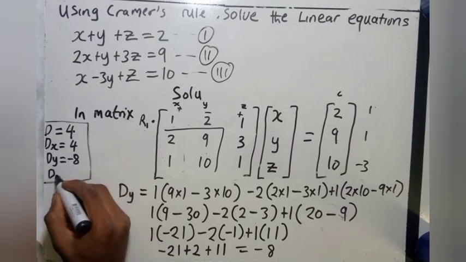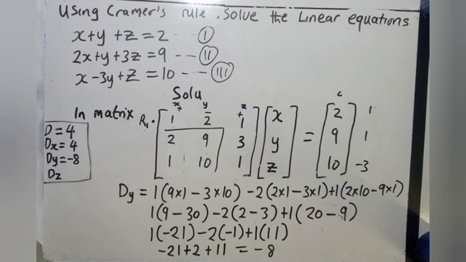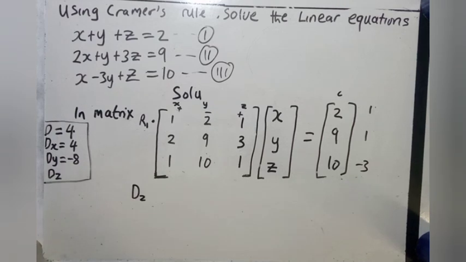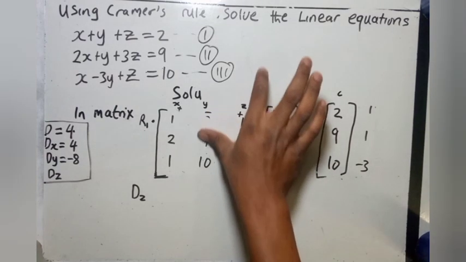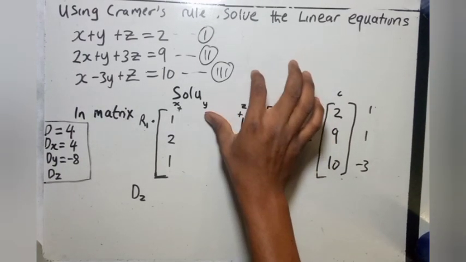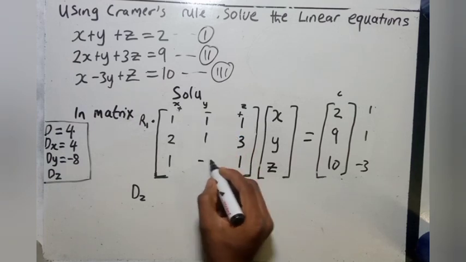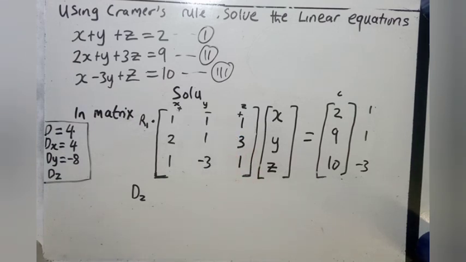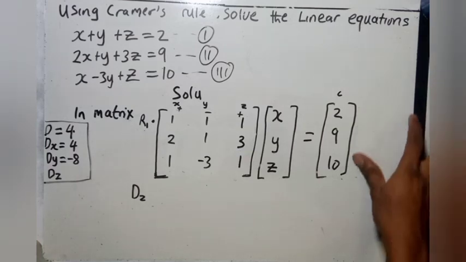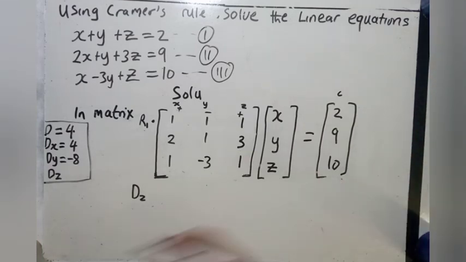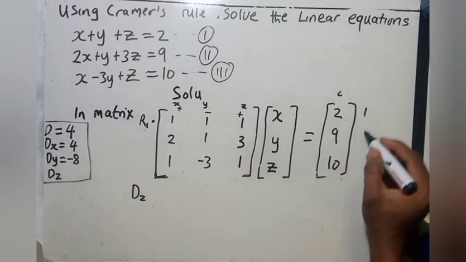Now we're looking for what? dz. Now for our dz, we'll be replacing this back with its initial value, which is what? 1, minus 1. And we will replace z with what?